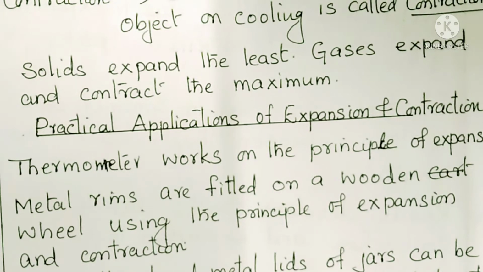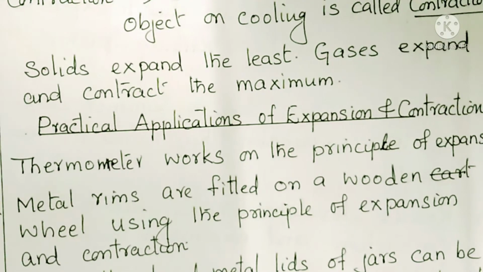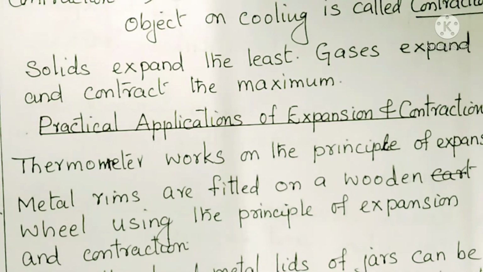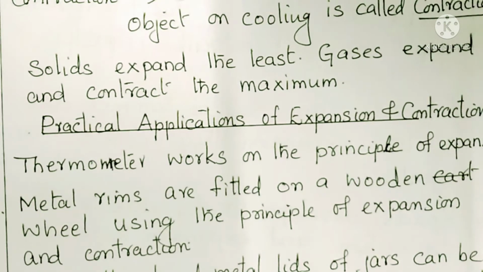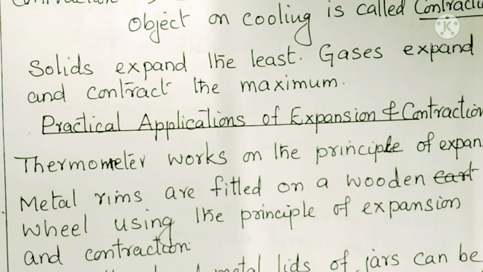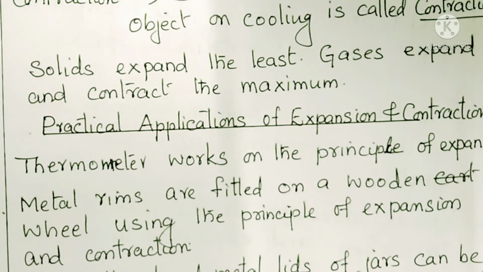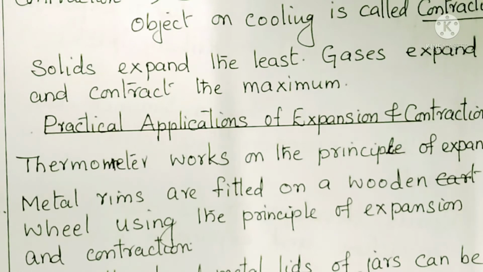That means when you have fever, your body is too hot, and under the tongue it will be very hot. So due to that heat, the substance called mercury in the thermometer expands and rises up to show the temperature.